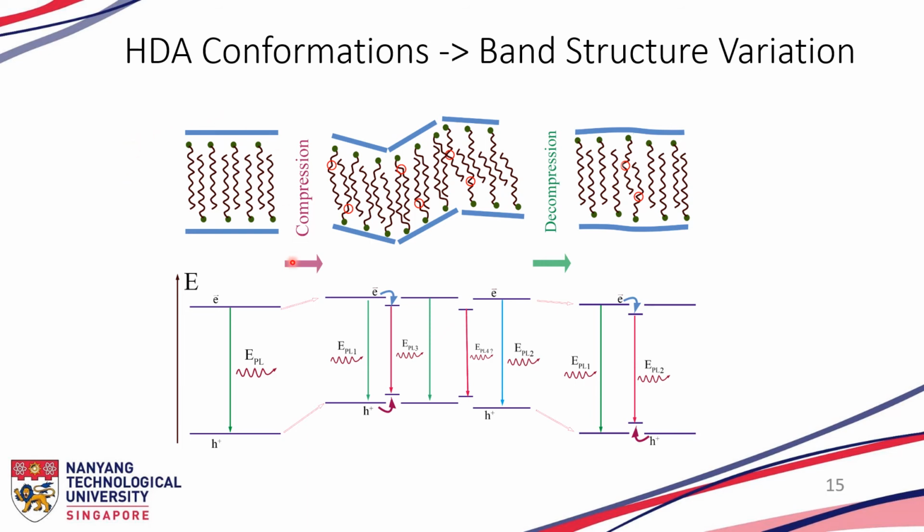Before compression, the structure is schematically shown here. The blue line is the inorganic layer, and these are organic molecules. Initially, they are straight. Then we know that for similar materials, during the first phase transition, a bending of these molecules happens. So the organic cation is in a different conformation.